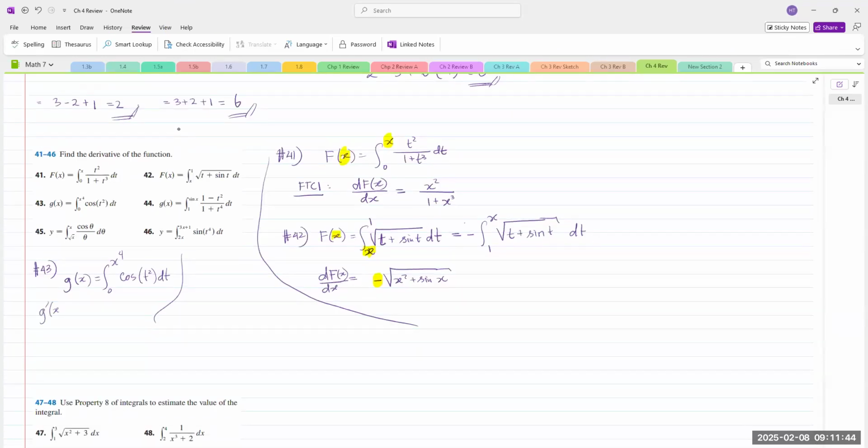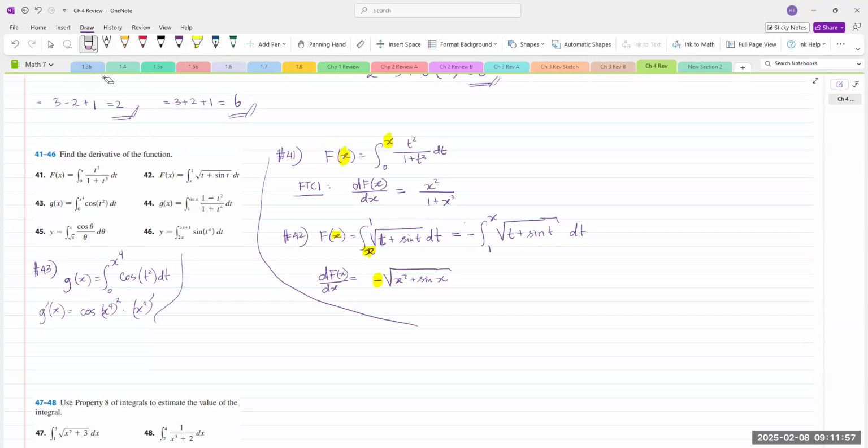G prime x will be, we replace the t by that function times the derivative of that function. Okay? Which will be cosine x to the 8 times 4x cubed.